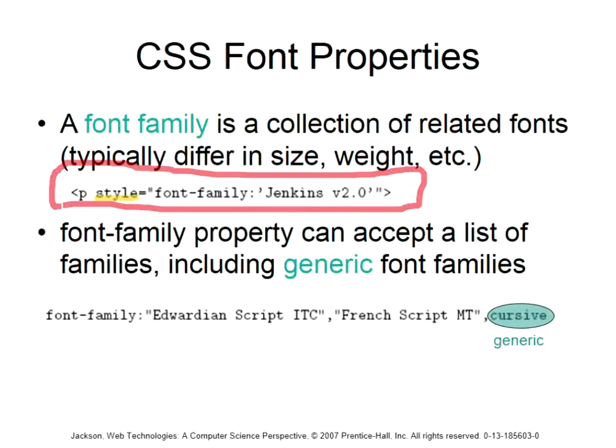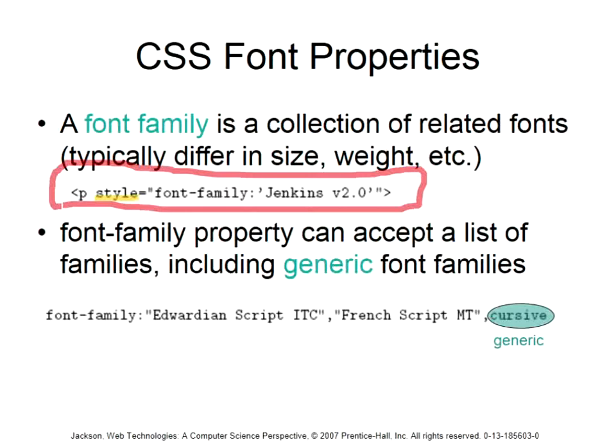Keep in mind there are three manners to create a style for an HTML document. The first manner is to use an external file, a CSS file, and for this one we use link. We use the tag link with rel equals stylesheet type equals text/css, and in the href we specify the name of the CSS document.